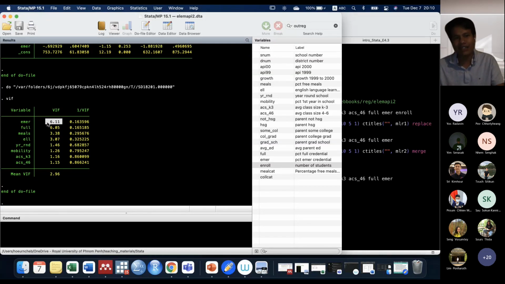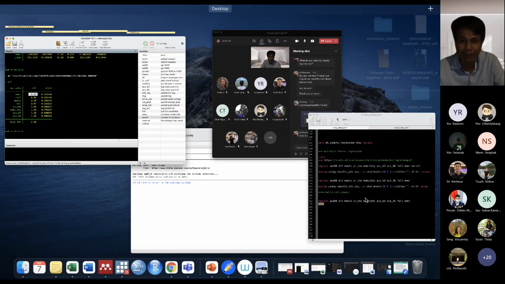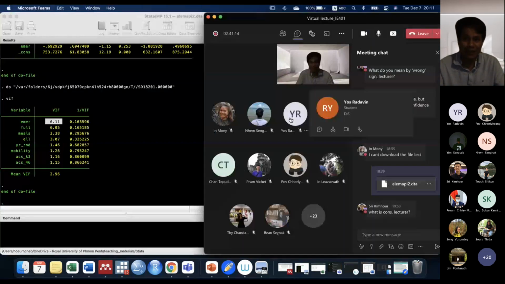What if there is multicollinearity? We discussed that if we find multicollinearity, you have to explore. You have to drop one variable, or the variables that are highly correlated, out of your model. In here, we found no multicollinearity issue in our regression. Hopefully you still remember what we mean by multicollinearity.